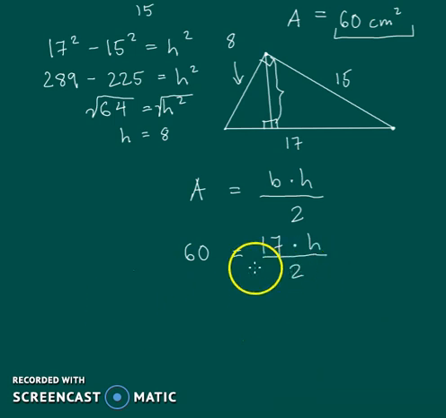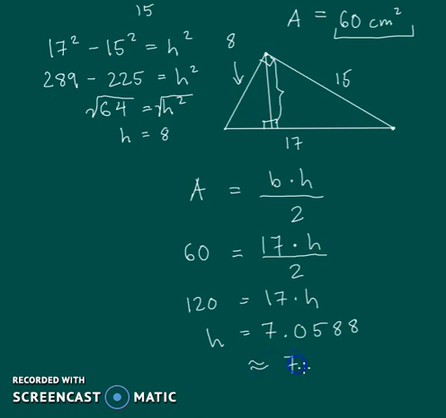So I'm going to multiply both sides by 2, and I'll get 120 is equal to 17 times h, and I divide both sides by 17, and I will find that h is equal to 7.058, which I'm going to round to 7.06.